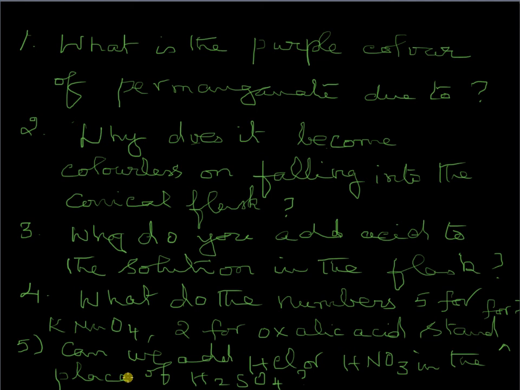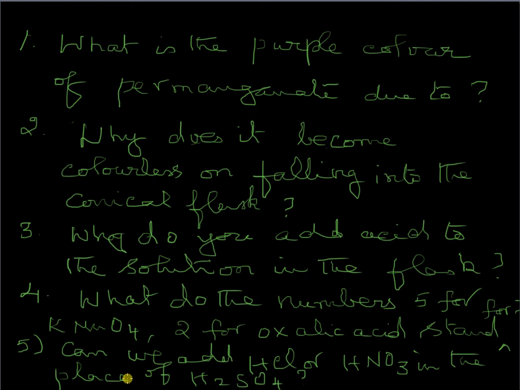So your value will be erroneous, because it's not only for oxidizing your solution in the flask, but also the acid would be consuming a little. And nitric acid is an oxidizing agent itself, so that could bring about part of the oxidation itself. Hence, nitric acid also cannot be used. I suppose you understood.